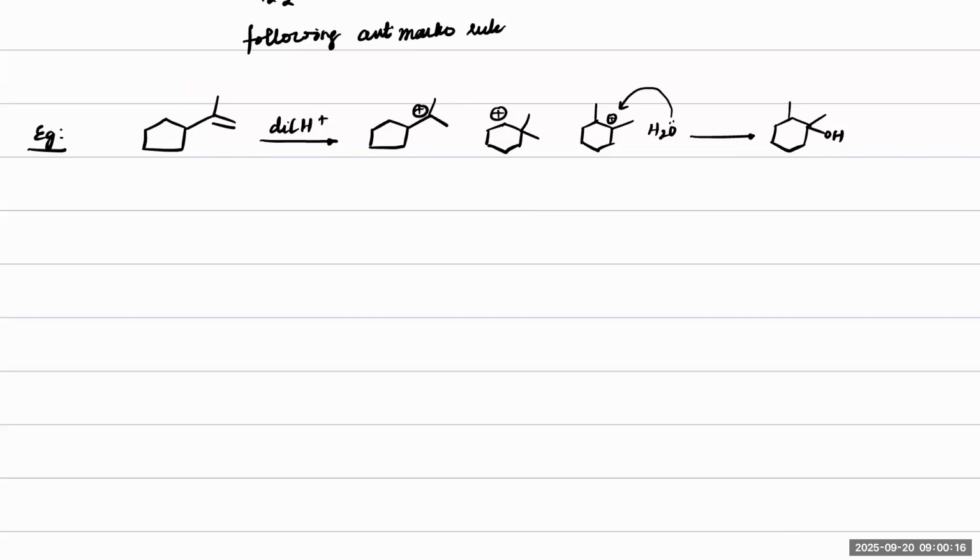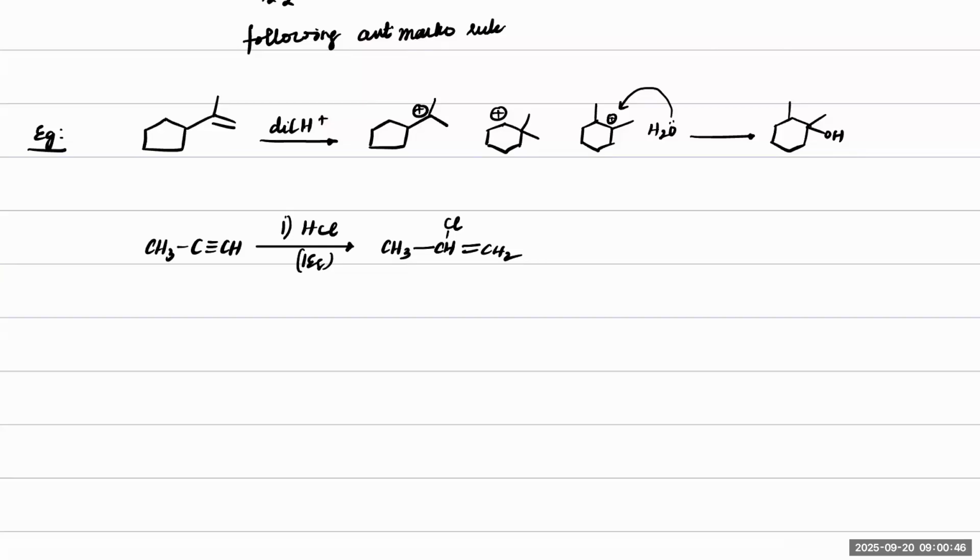Suppose you have CH3 C triple bond CH here, and the first mole I'm using is HCl, taking only one equivalent. With one equivalent, we'll get CH3 CHCl double bond CH2. This is the addition reaction following Markovnikov's rule.